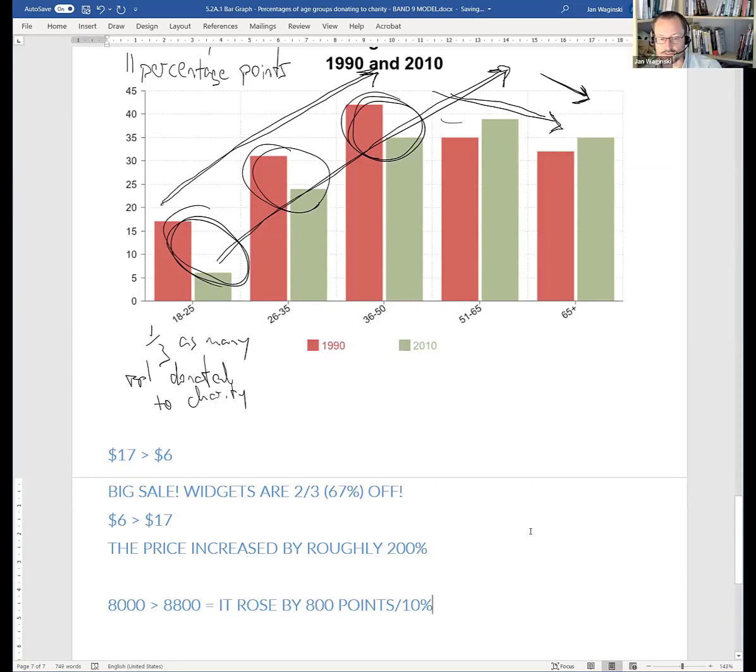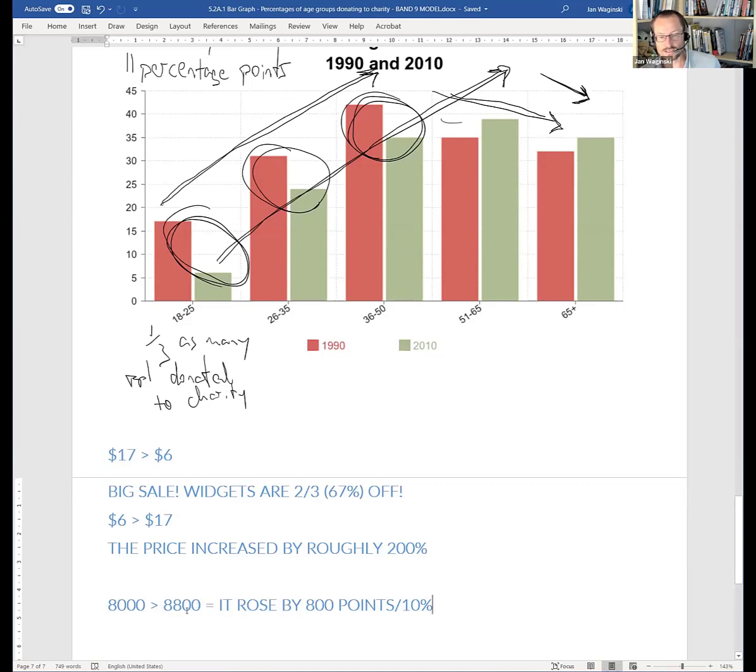Any questions about the difference between percentage versus percentage point change? So is it right to say it rose by $800? No, because when they talk about the level of the stock market, it's not dollars. I don't know exactly what that number refers to, but it's not dollars, it's not percent.